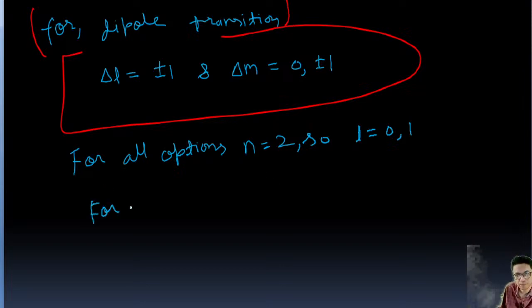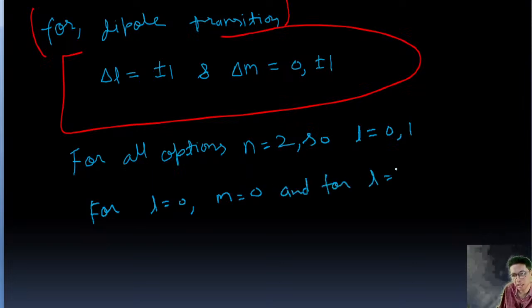For L equal to 0, M is going to be 0, and for L equal to 1, M values are going to be -1, 0, and 1.